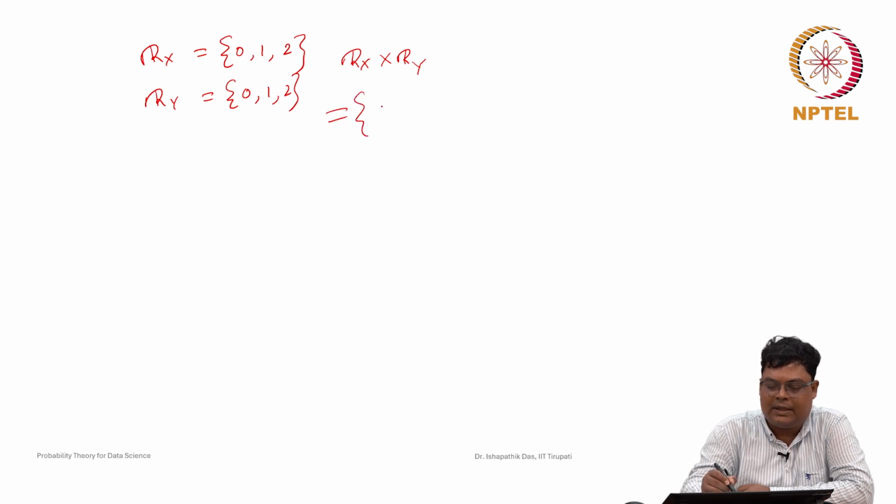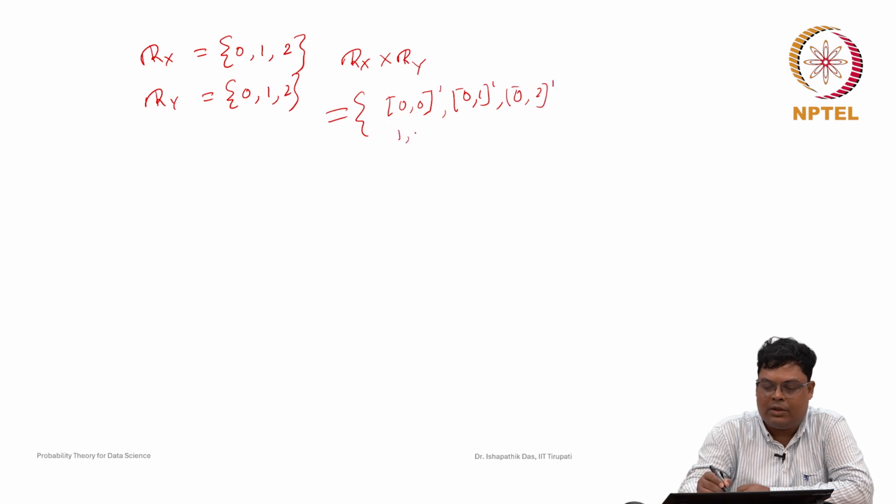So, for simplicity, let us denote a vector with this first bracket, but if we represent it properly, we usually use the third bracket with a transpose, since it is a column vector. So, this is (0,0)', (0,1)', (0,2)', then (1,0), (1,1), (1,2), and then (2,0), (2,1) and (2,2).